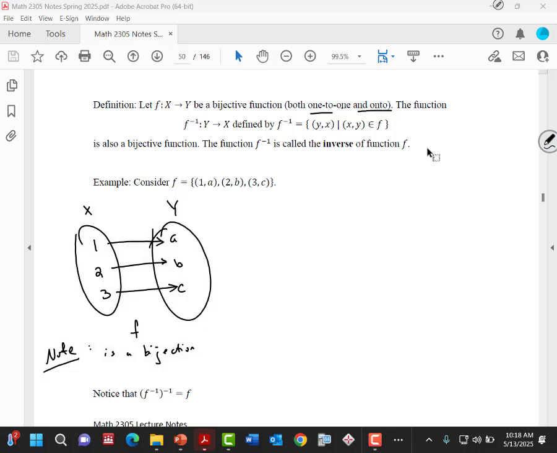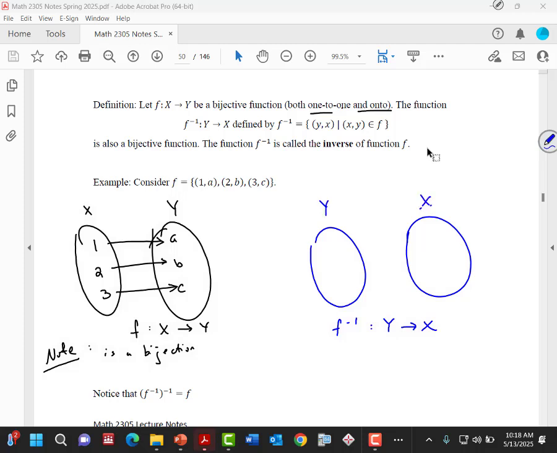Now, if I consider this function f inverse mapping y to x, what are the members of y? a, b, c, and x is 1, 2, 3.